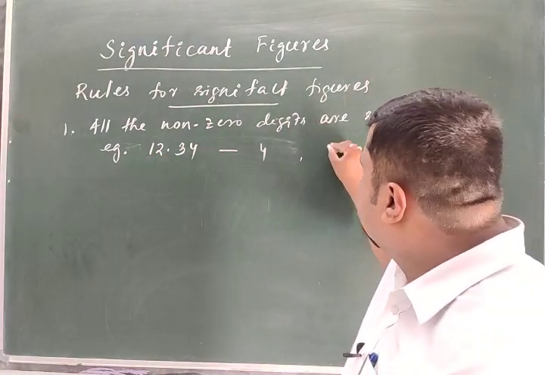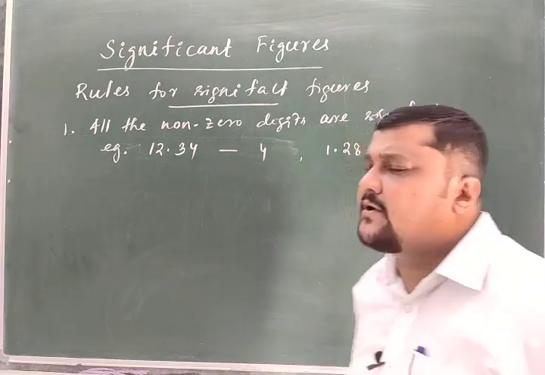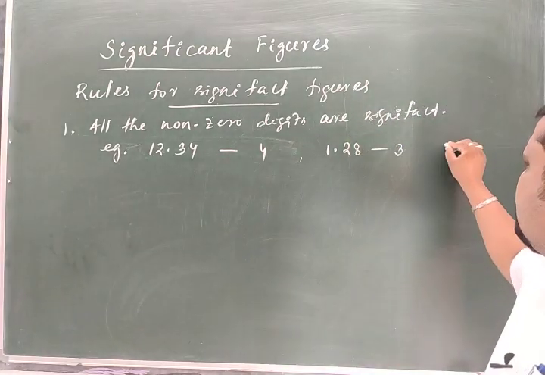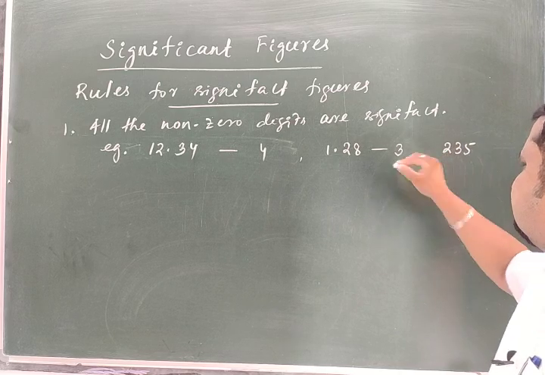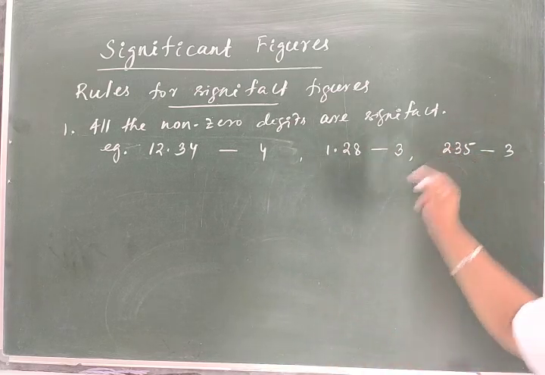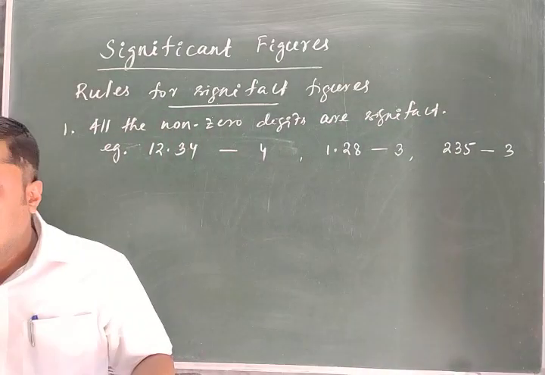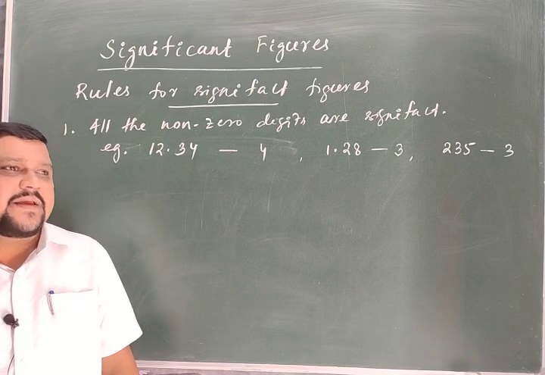Similarly, suppose 1.28. What are the significant figures? Here it is 3. 235. What are the significant figures? Here it is 3. So in this way, because all are non-zero, this is the rule number 1. All the non-zero digits are significant. Clear?